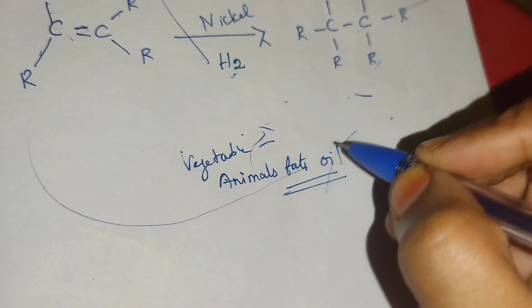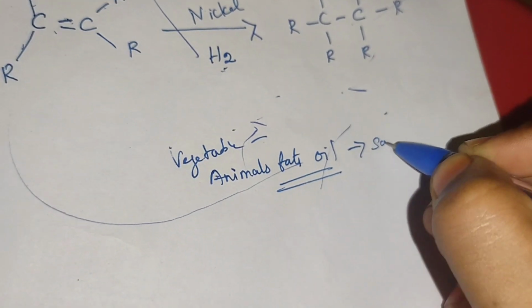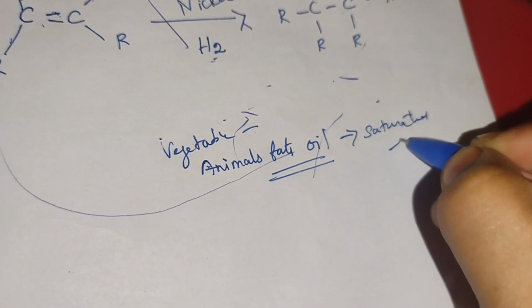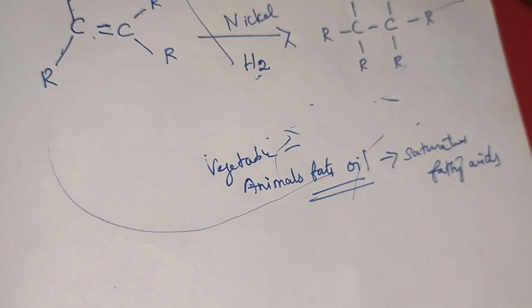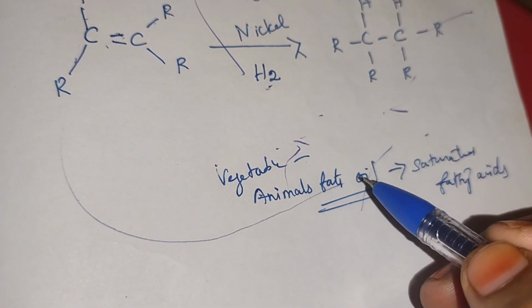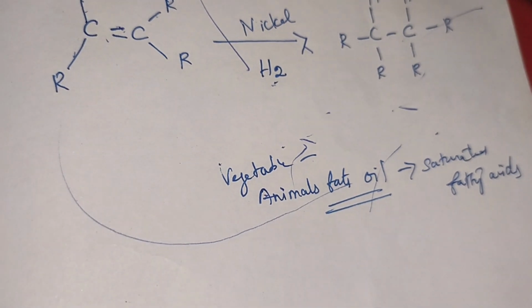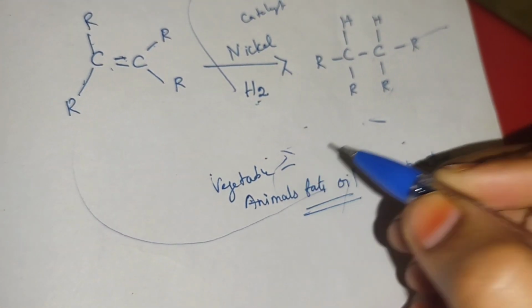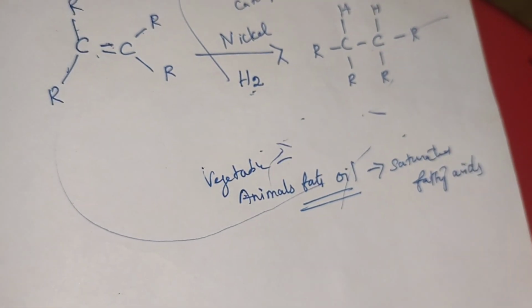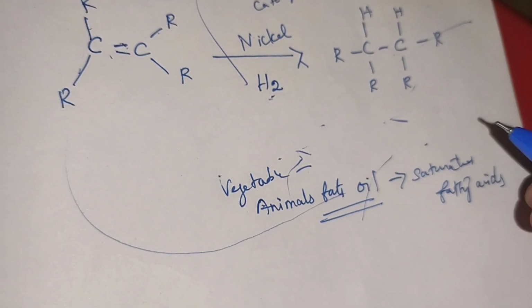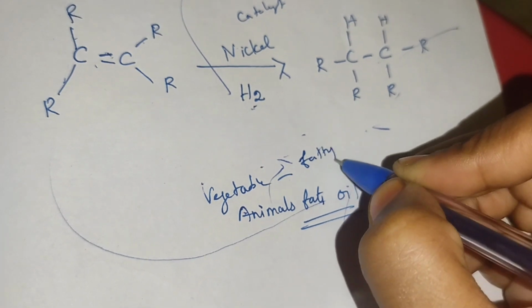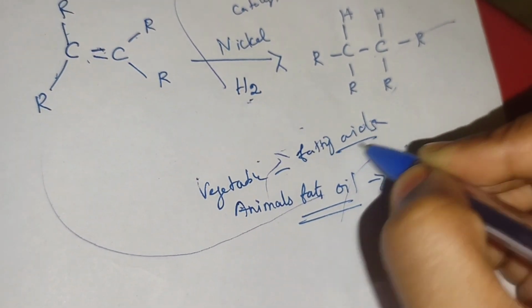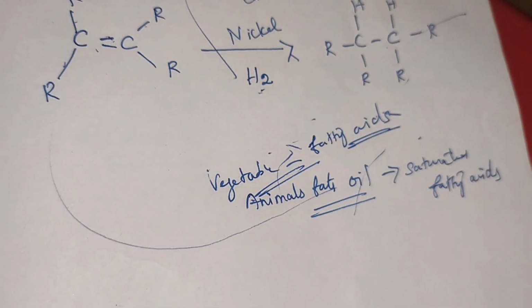Because they contain saturated fatty acids, which are very harmful for health. So some vegetable oils are very good for cooking, which contain long unsaturated carbon chains and unsaturated fatty acids. That is good, so these will be chosen for cooking.